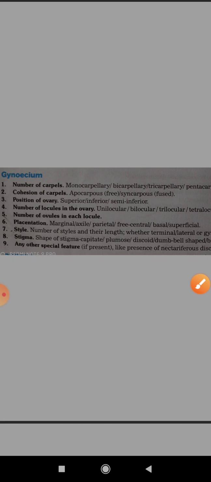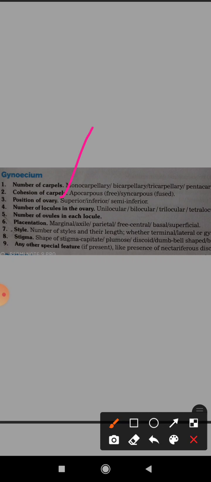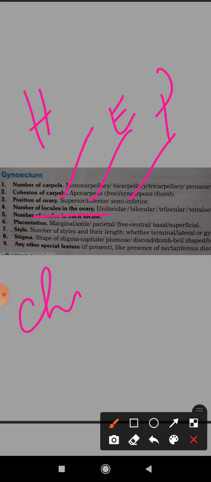Then the position of the ovary also we discussed. Superior ovary, inferior ovary and semi-inferior ovary, in which we talked about the flower being hypogynous, epigynous and perigynous, right? Then again we discussed the locules. That means I told you there are various chambers that are present in the flower, right?